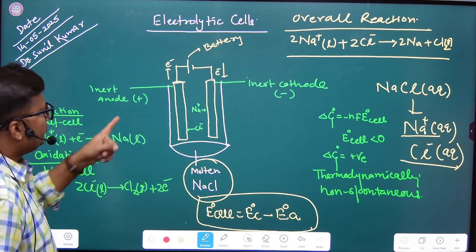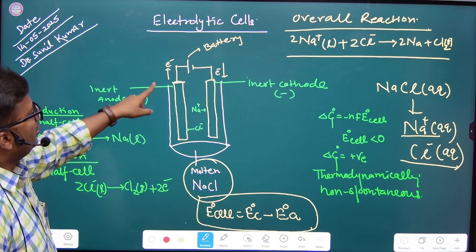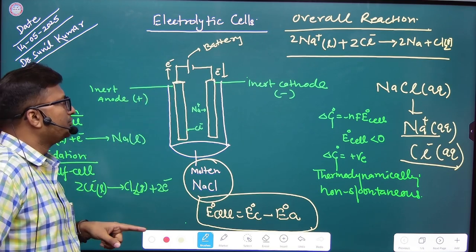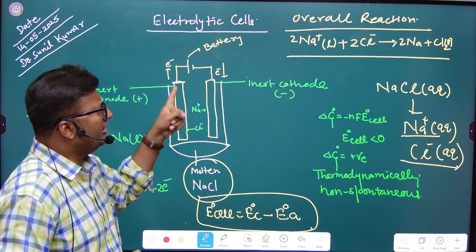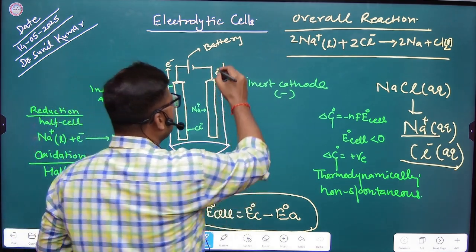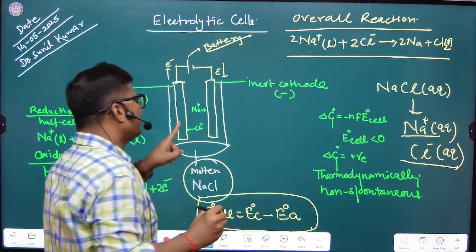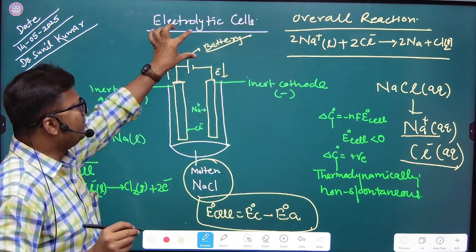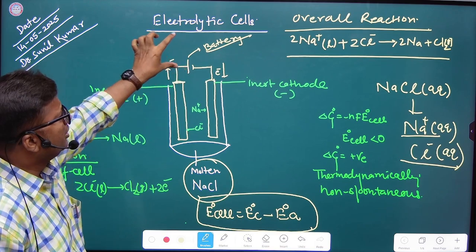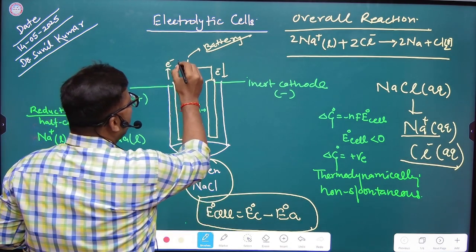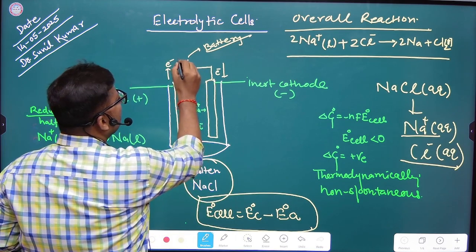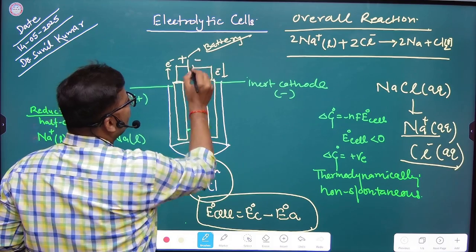Now these two electrodes are connected by a source of electricity, that is a battery, right? So these two electrodes are connected by an external source, the battery, where this is the positive pole and this is the negative pole.